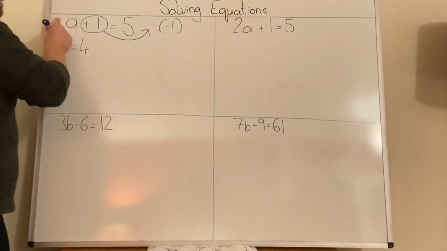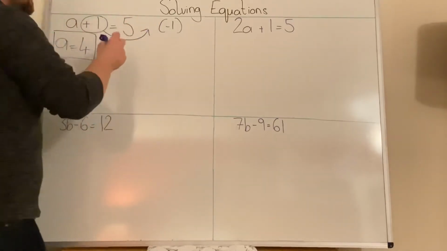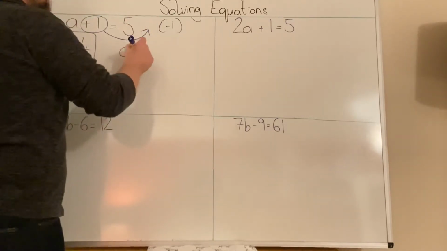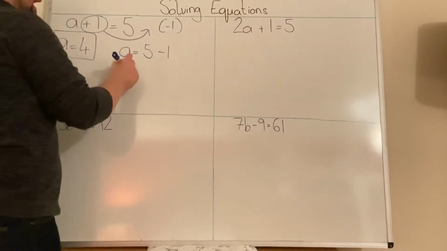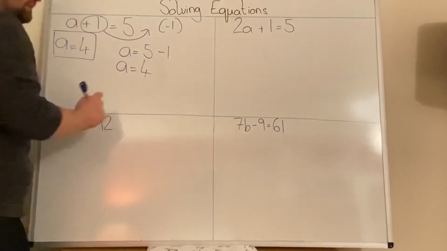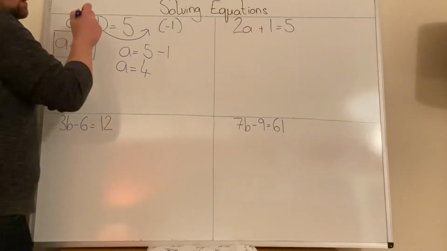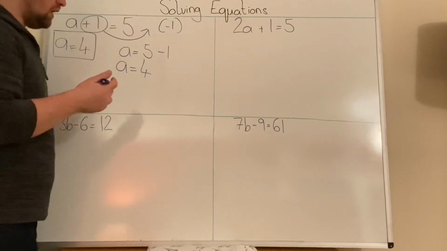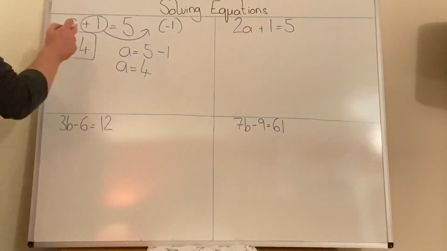Here, that plus 1 is an add. On the other side, it's a take away. So we have A equals 5 minus 1. So A equals 4. I've taken that plus 1 to the other side, which makes it a minus 1. And then 5 minus 1 is 4. And our answer at the start was 4.